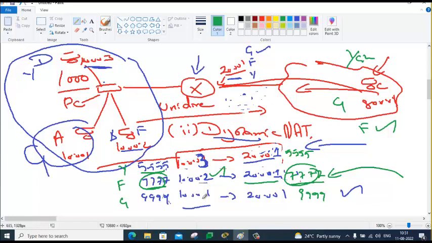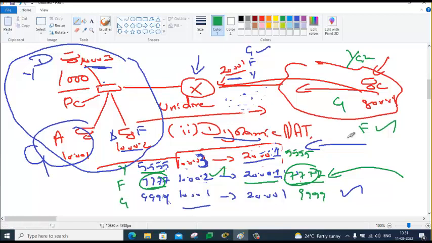If traffic is coming from Yahoo with port number 5555, it will go to D because D only generated 5555 when it was sending a request. So what we see here is, with the help of port number, the reply packet can be forwarded to the correct inside computers.